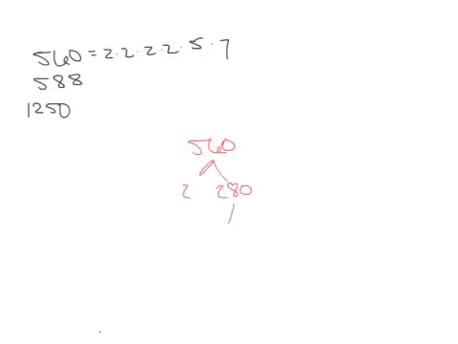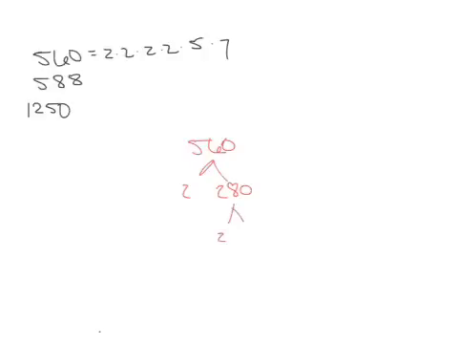588 and 1250. Okay, so we're asked to find the product of primes. So 560, I'm just going to put those down. What I normally do is I start out with my 2, and then actually the best way is just do your factor tree. 2 goes into that 280 times, and then you're going to break that.